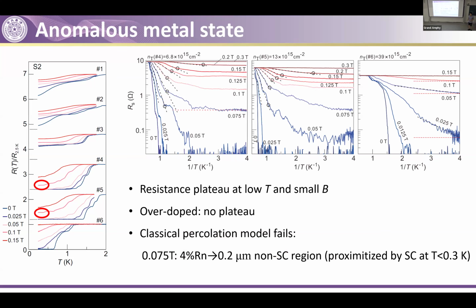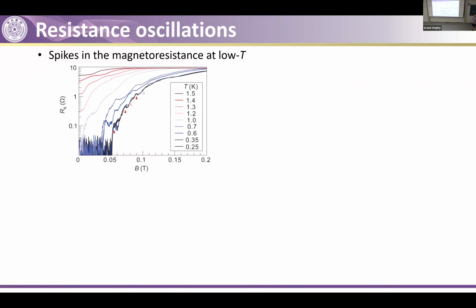Based on our estimation of the mean free path or the diffusion constant and all these things, we would expect that this much area should be approximated by superconducting regions, and it should go down to a superconducting transition. It should show another transition around 0.3, which we do not see. So this is also kind of pointing toward the intrinsic anomalous metal.